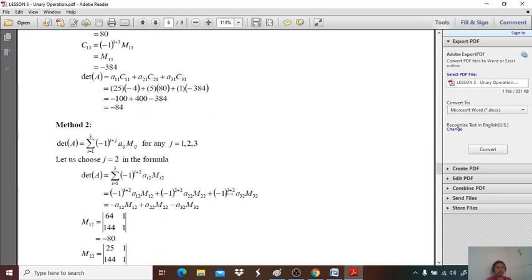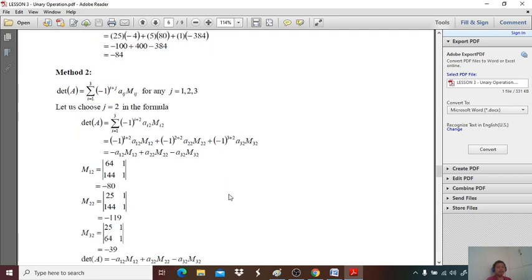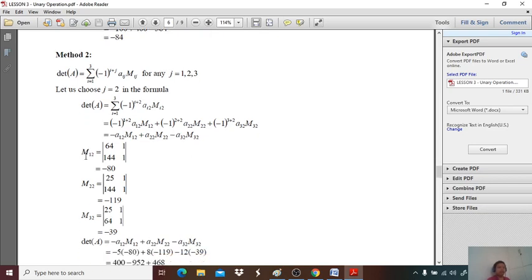Next, we are going to use the column, where your j is 1, 2, 3. So we have 1, 2, 2, 2, and 3, 2. Okay, the same pattern as for the row. We are going to get the minors 1, 2, 2, 2, and 3, 2.